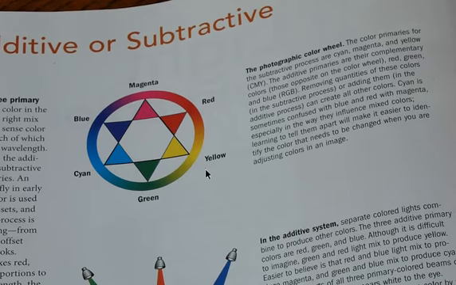So you could do the star and just put in the corresponding letter for the color: magenta, red, yellow, green, cyan, and blue. Magenta is a combination of red and blue. Cyan is a combination of blue and green.